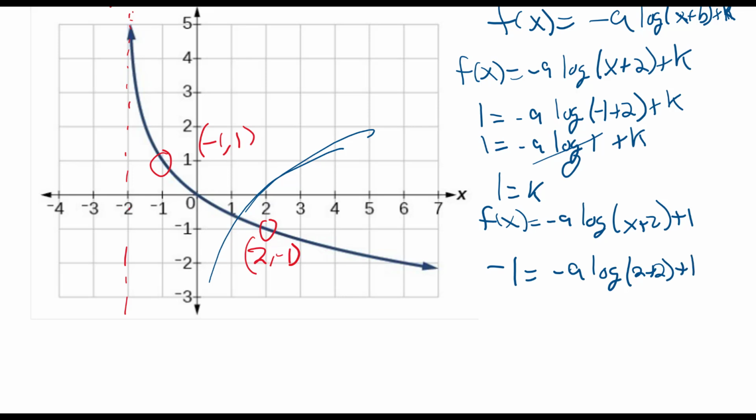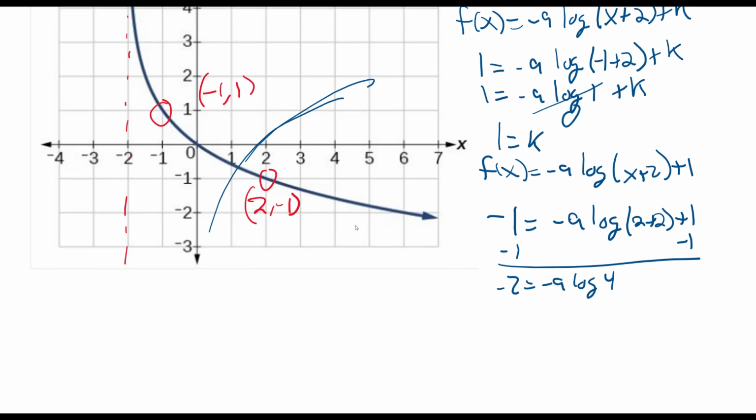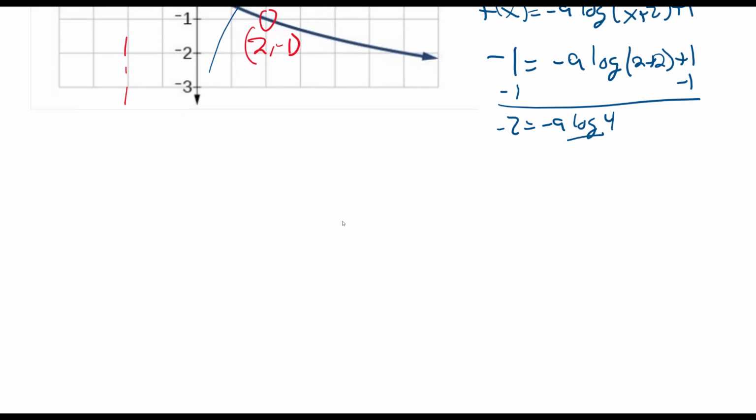So I subtract 1 from both sides: negative 2 equals negative a log of 4. So I can divide both sides by log of 4. That divides out. So negative a is negative 2 over log of 4, or a equals 2 over log of 4.